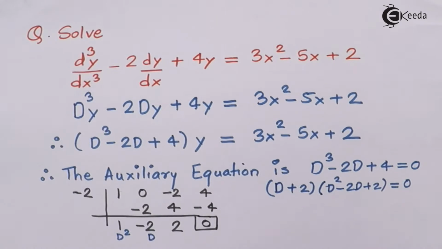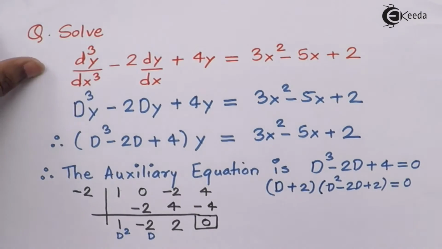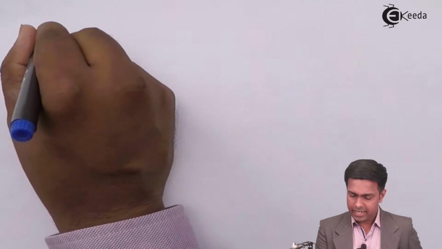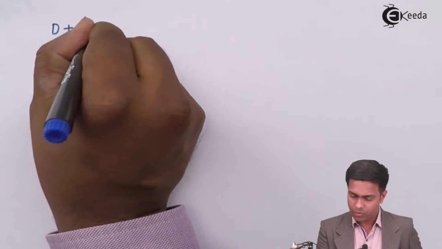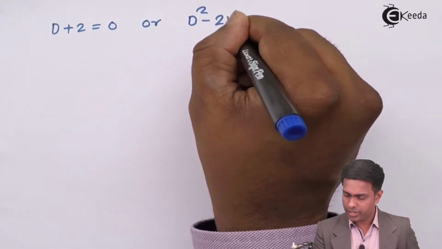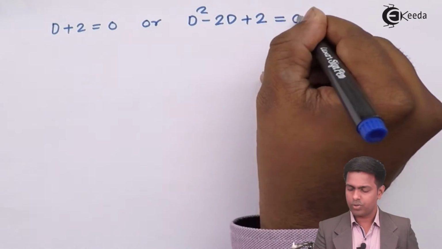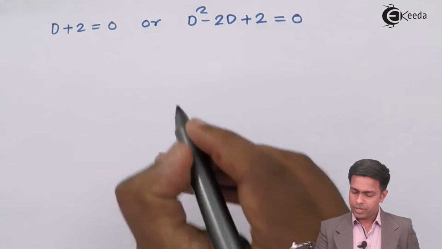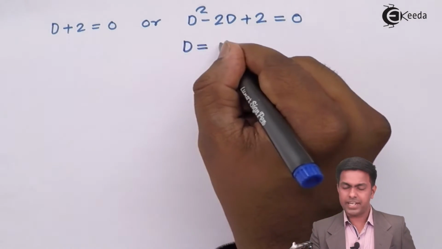Now we'll find out the roots of this quadratic equation by using the formula. So here I'll say D plus 2 is equal to 0, or D square minus 2D plus 2 equal to 0. Now here we'll get roots as minus b.